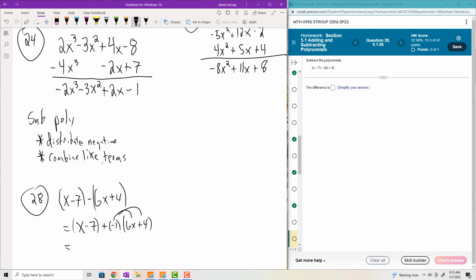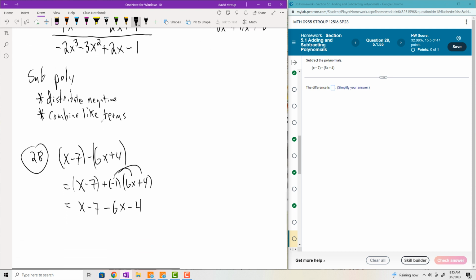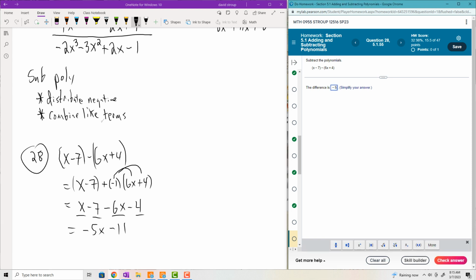And at that point, you could drop the parentheses. So it'd be x minus 7. Negative 1 times 6x is minus 6x. Negative 1 times 4 is minus 4. And once you get into that form, you can combine like terms. So x minus 6x is minus 5x. Then negative 7 minus 4 is negative 11. So minus 5x minus 11.